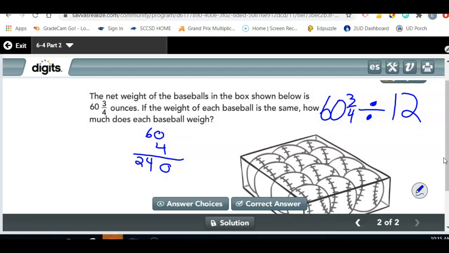And then 4 times 60 is 240. 60 times 4, add 3, 243. 243 over 4, divided by 12 over 1. Wow. Okay. Do the best you can on homework. We will talk about some of the homework from this week tomorrow.